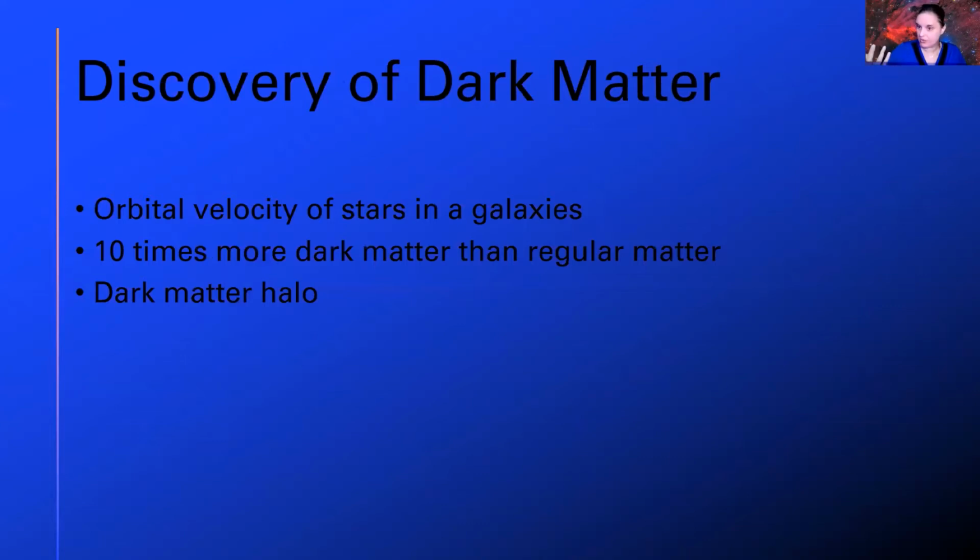And we did this within our own galaxy. Stars that were closer in towards the center of the galaxy should have higher radial velocities, versus stars that are further out are going to have slower radial velocities.